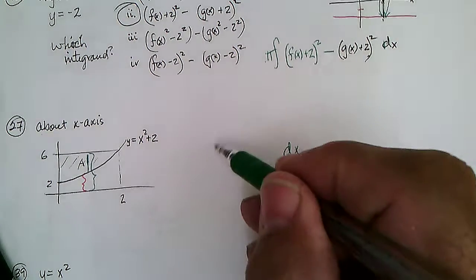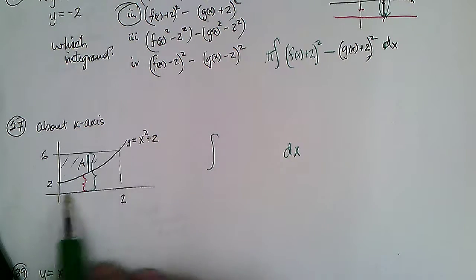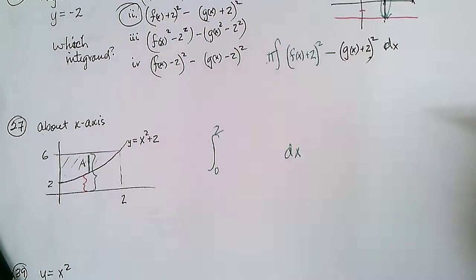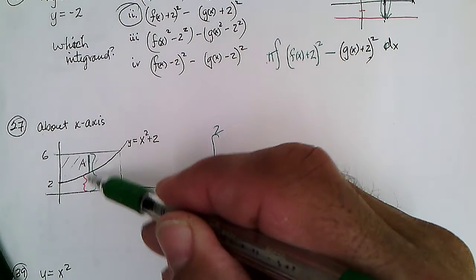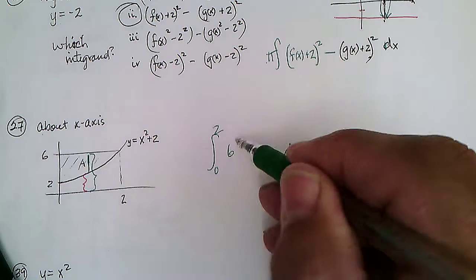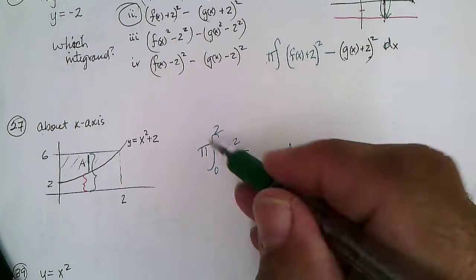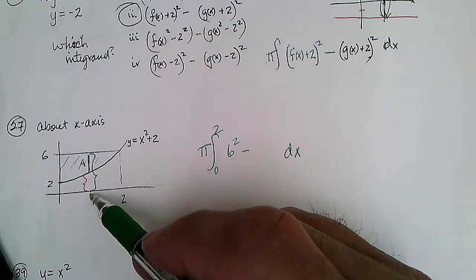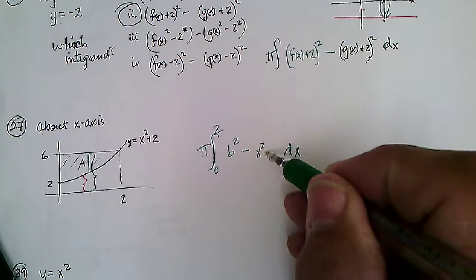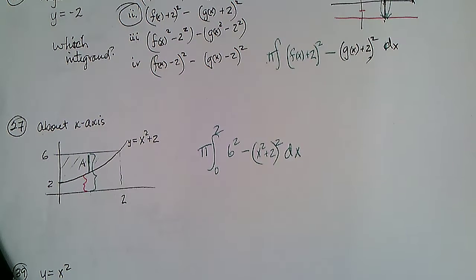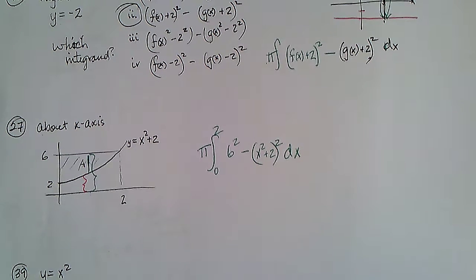The large radius, we're going to do this from, since it's an x, from 0 to 2. The large radius is 6, pi 6 squared minus pi times the small radius, which is x squared plus 2, squared. And that's the setup. All we have to do is integrate this.